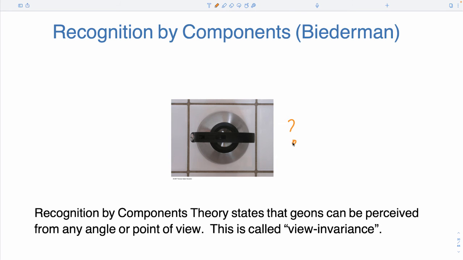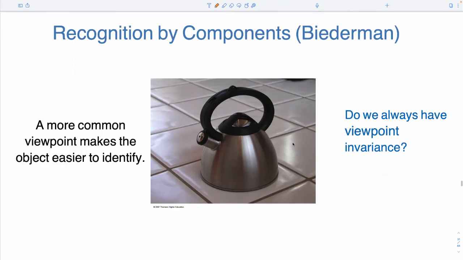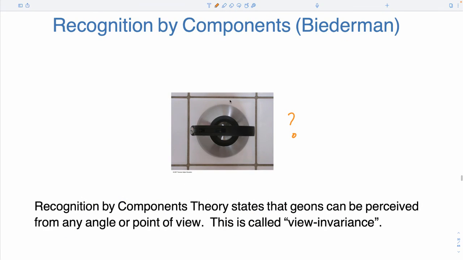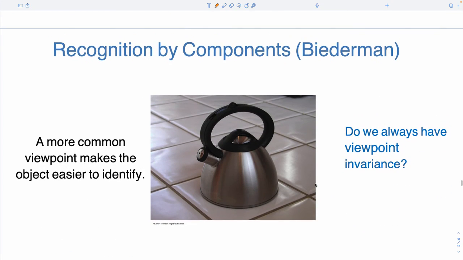Let's look at it from a different angle. Oh, tea kettle. So this object, when viewed from directly above, looks kind of like this. And so we do not always have view invariance. That's one little problem with recognition by components.